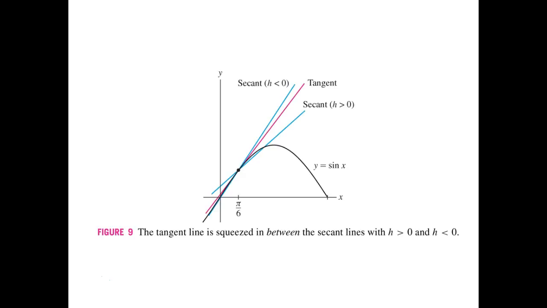The sine of pi 6, when the h is less than 0, in other words, you are the negatives, and coming in that way, your secant line is up here. They don't show you where that is, just slightly above that, and the closer you get, how close to the tangent line.